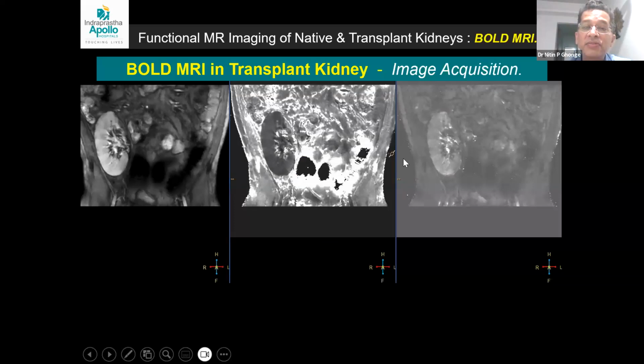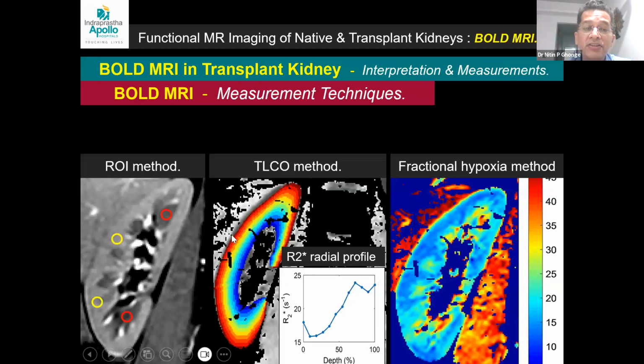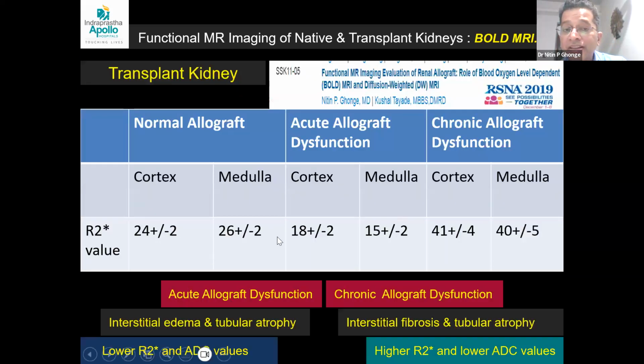So these are BOLD MRI images, and based on the BOLD MRI values, the ROI method, the radial profile, or the fractional hypoxia, you can decide the likelihood of this patient progressing from CKD stage 1 to CKD stage 2, or assess the cortex and medulla. This can be used in native kidneys as well as in transplant kidneys. You can see significant differences between the normal allograft and acute or chronic allograft dysfunction in terms of functional MR assessment.